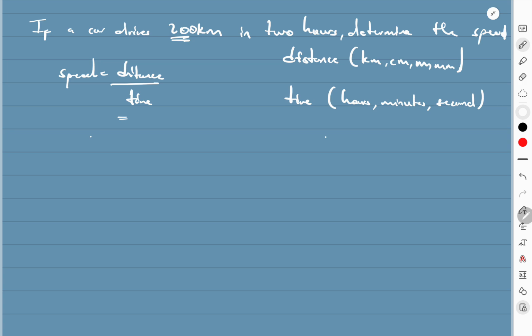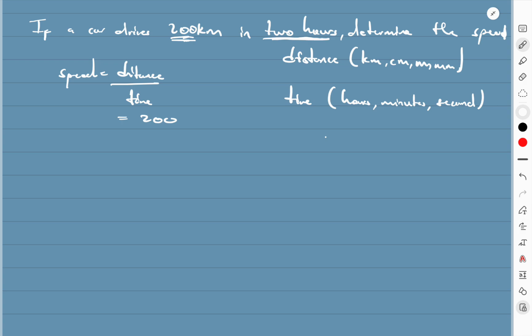When you say kilometers, what can kilometers represent? We know that the kilometer represents the distance, meaning this 200, since it is attached to kilometers, has to represent my distance. It means on the distance part, I have to substitute the 200, right? Now, this 2 is attached to the hours, right? So hours is a representation of what?